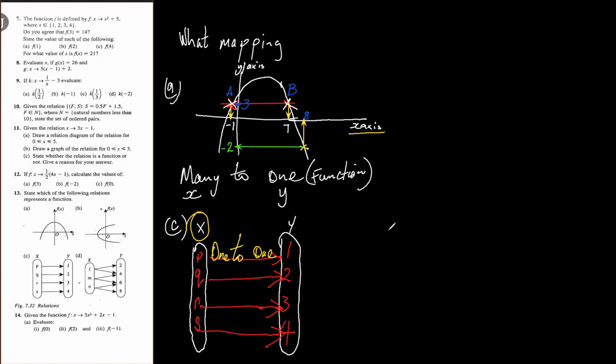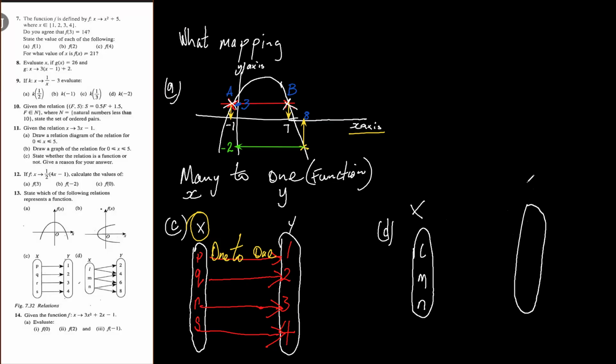So I'm just going to draw part D. Part D has L, M, and N. That's X, or the domain. The set of Y values is 2, 4, 6, and 8. But notice what's happening.